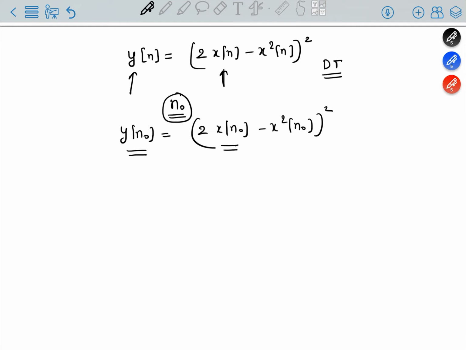Can we have any real world application of a memoryless system? Yes, resistors, as we all know, can be an example of a memoryless system.